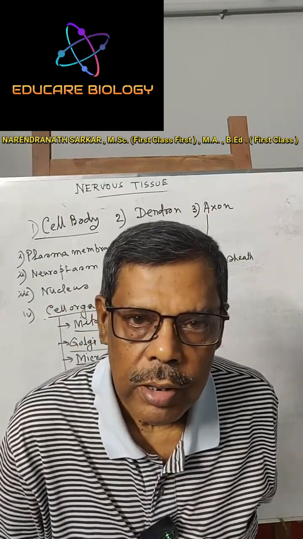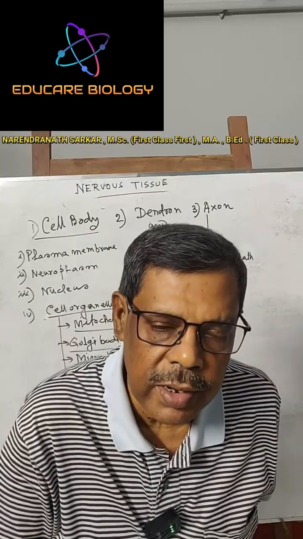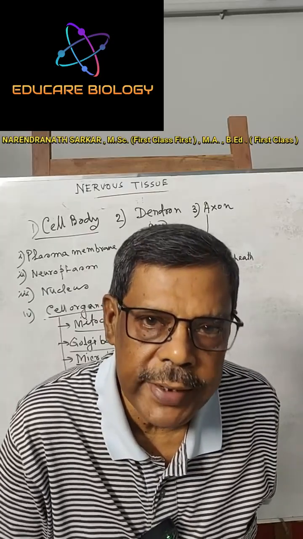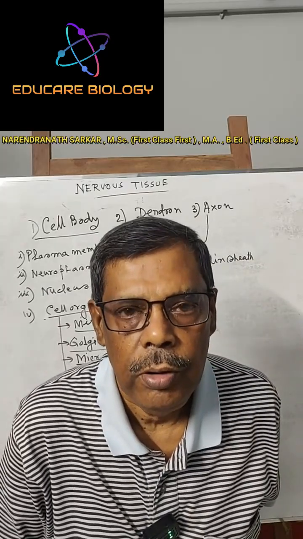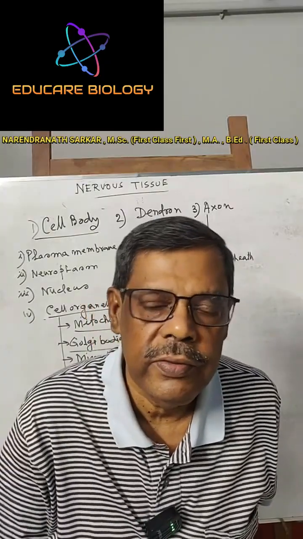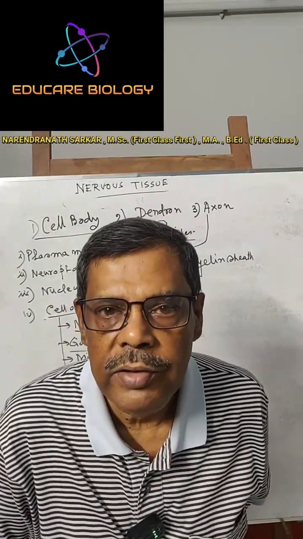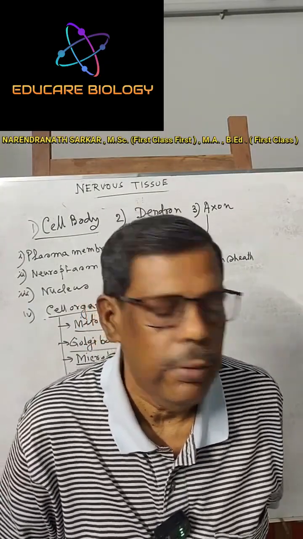The neuron in which myelin sheath is present is called medullated neuron. Otherwise, if there is no myelin sheath, it is a non-medullated neuron.